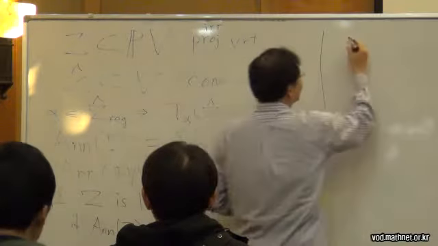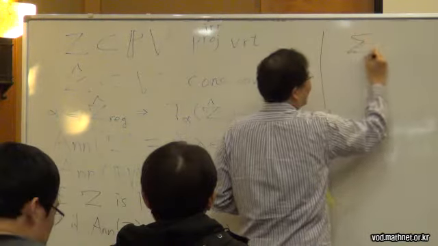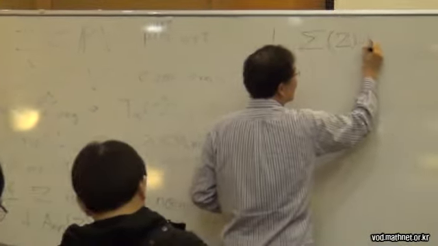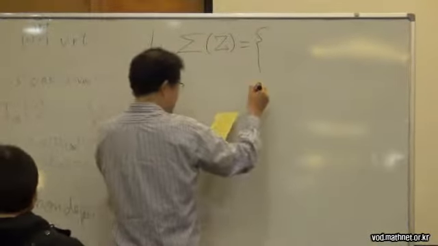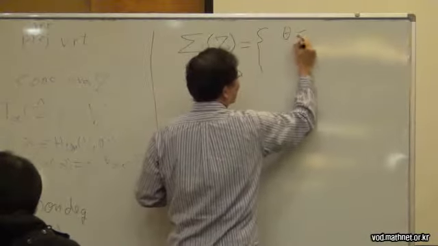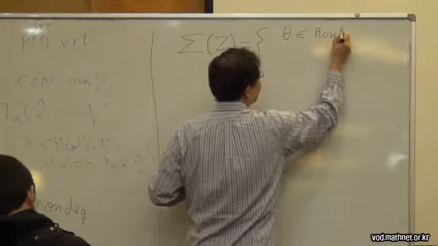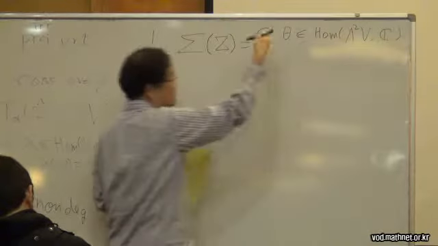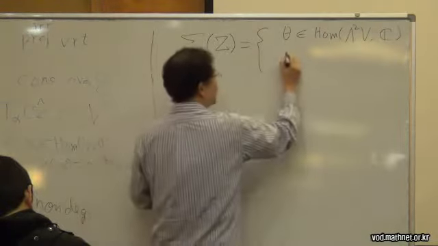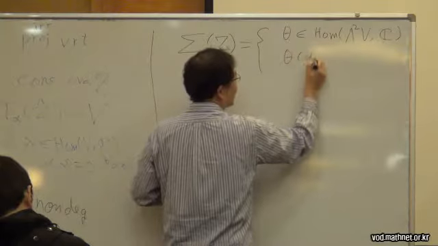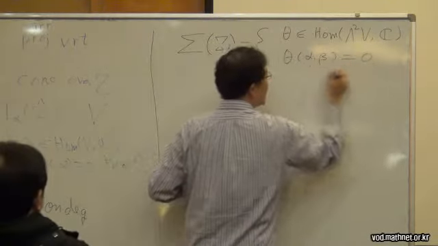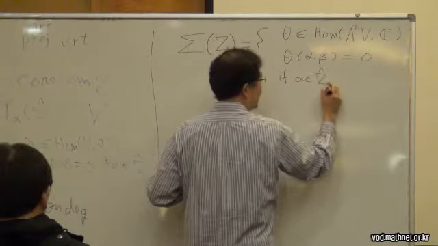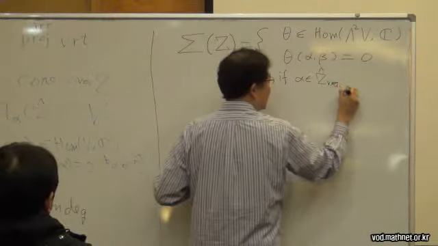Now I will define the following. I don't know whether there's any standard notation, so I will use sigma z. Sigma z is now two forms such that theta alpha beta is 0 if alpha is in z hat, regular, and beta is tangent.